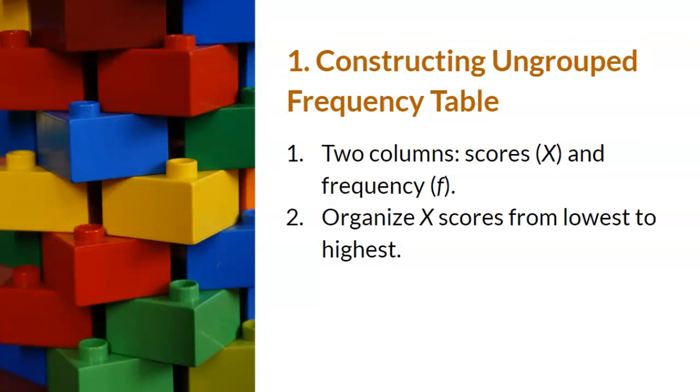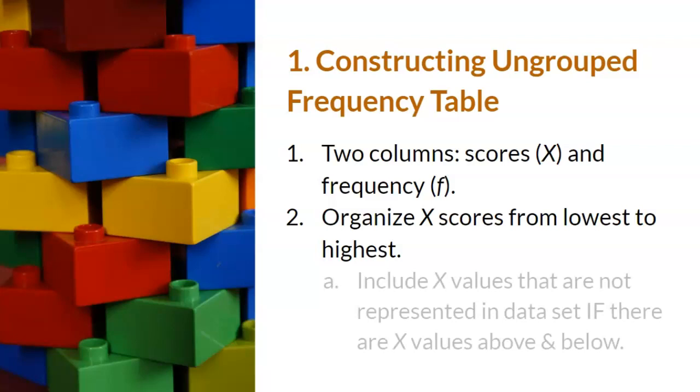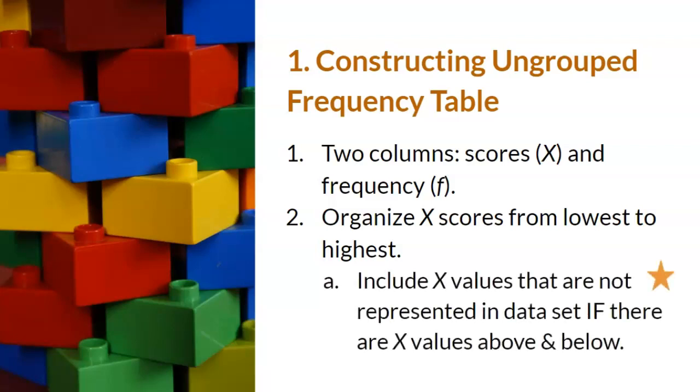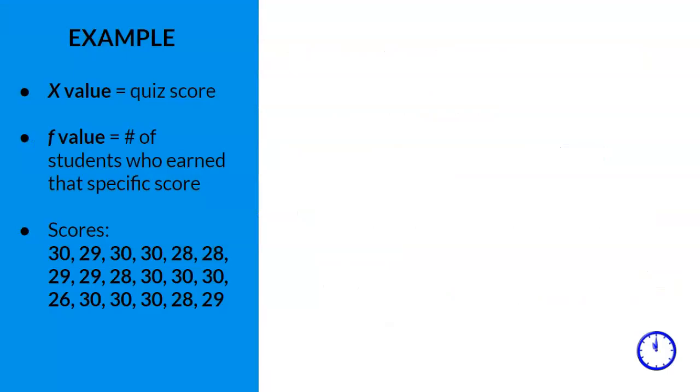This step has an important clarification. You should include X values that are not represented in the data set if there are X values above and below them in the same data set. This clarification will make more sense when we review the practice example. The practice example is to organize the syllabus quiz scores shown earlier.